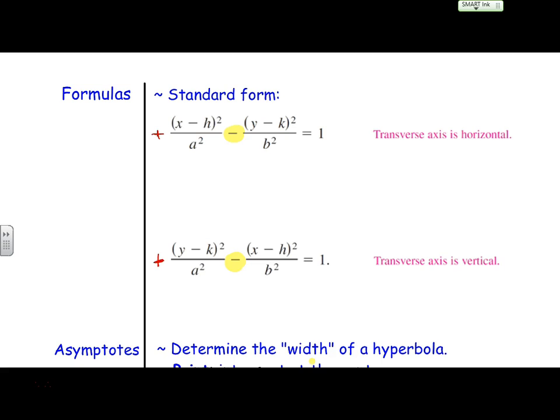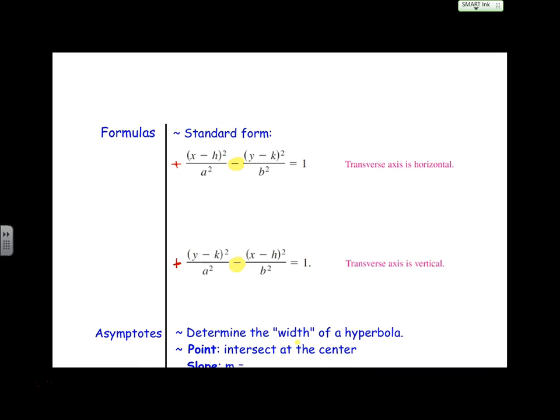When the x term is understood positive, when the x term comes first for a hyperbola, it's going to be a horizontally oriented hyperbola, aka one of these ones. When the y term is positive on the next one, it's going to be a vertically oriented set of hyperbolas going the other direction. So that's a huge clue to pick out of an equation.